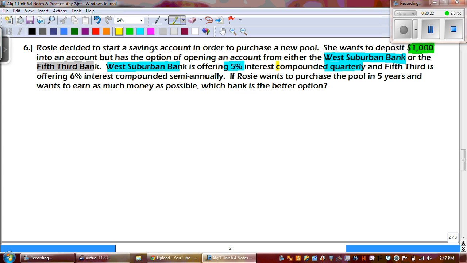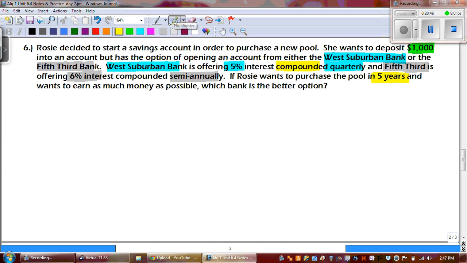Okay, remember, compounded is that key word that tells us we're doing the compound interest formula. Fifth Third is offering a 6% interest semi-annually. If Rosie wants to purchase the pool in 5 years and wants to earn as much money as possible, which bank is the better choice?